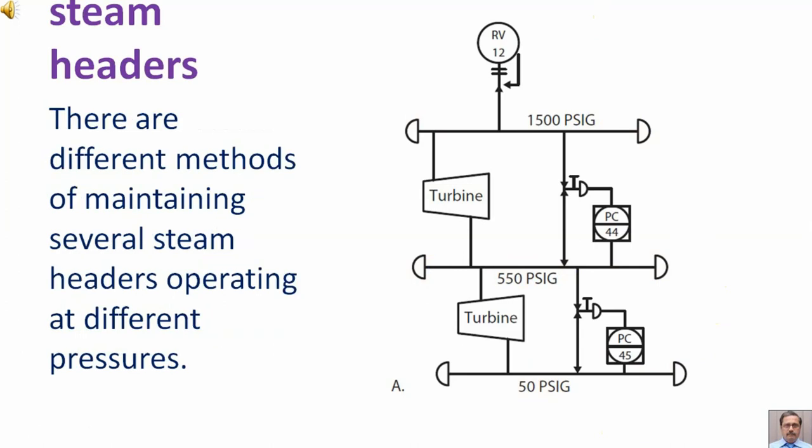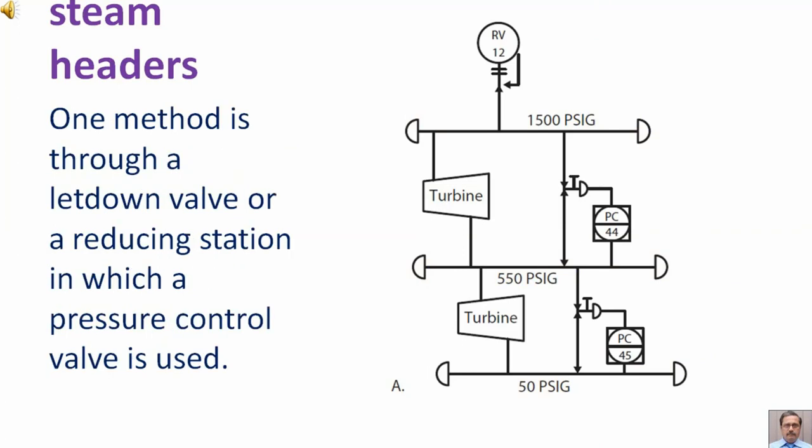There are different methods of maintaining several steam headers operating at different pressures. One method is through a let-down valve or a reducing station in which a pressure control valve is used.